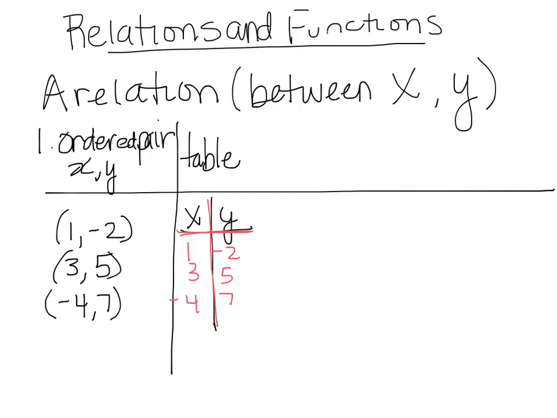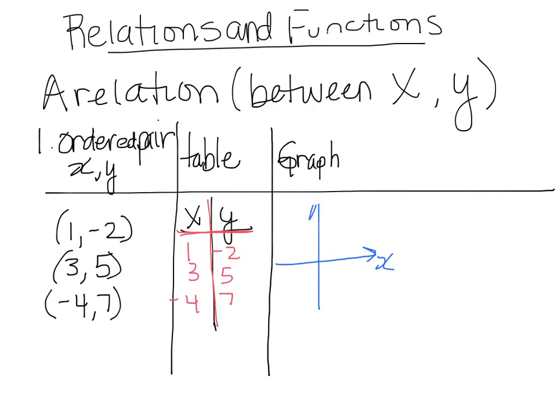So let's do another representation of a relation besides the table and the ordered pair. We can represent this relation with a graph. A graph would, of course, have 2 axes. Typically the horizontal axis is the x and the vertical axis is the y. We label the quadrants.